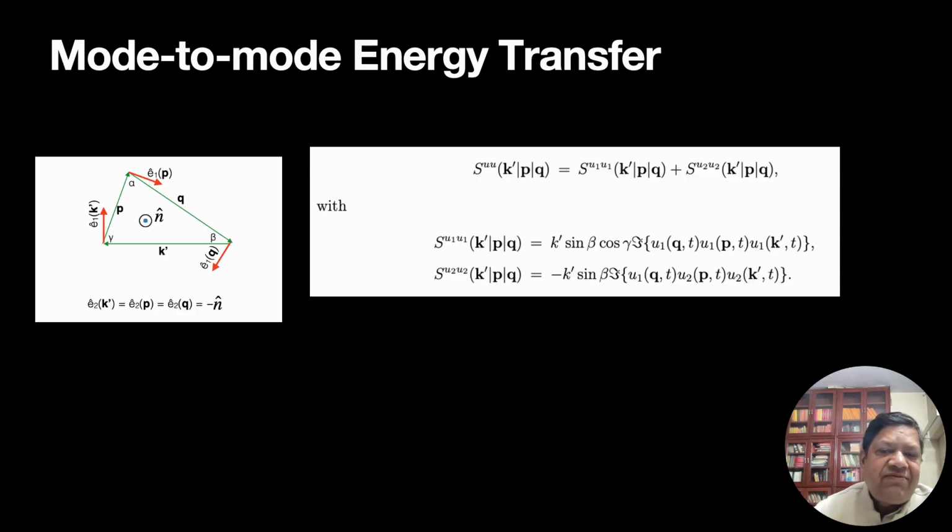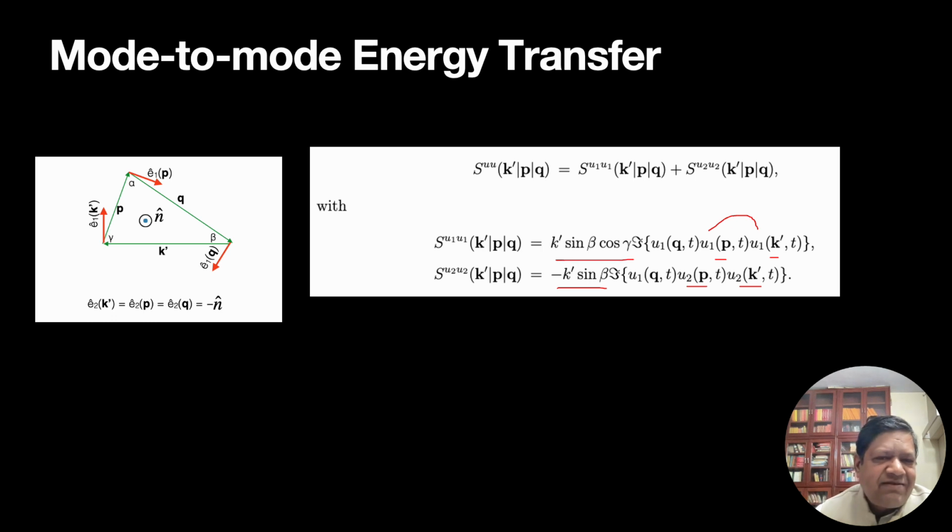So I wrote in the previous slide what this K prime, P, Q is. If I use the Craya-Herring basis, then I'll have two of them: U1 to U1, energy going from U1(P) to U1(K prime), and U2 to U2, energy going from U2(P) to U2(K prime). It's a bit of algebra, but these are the expressions.